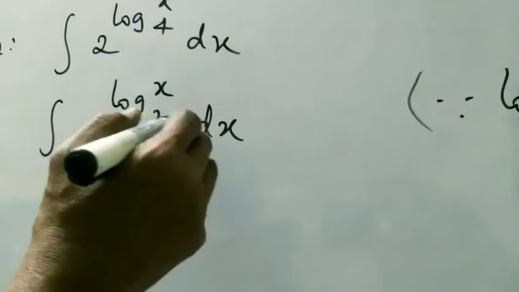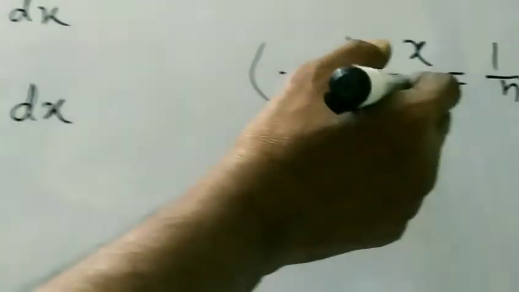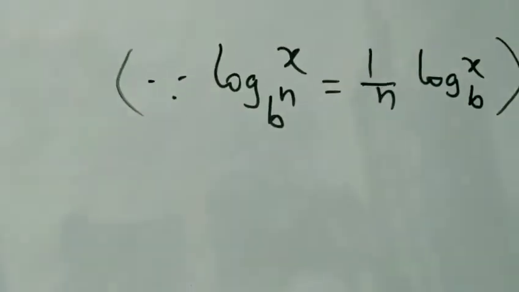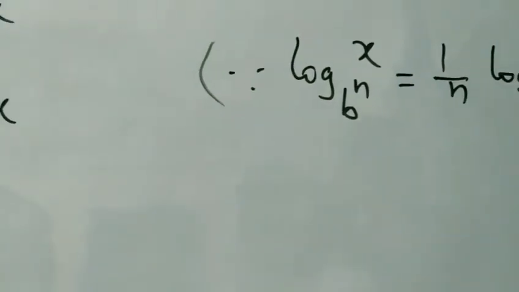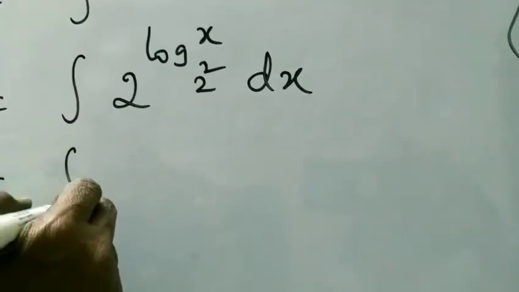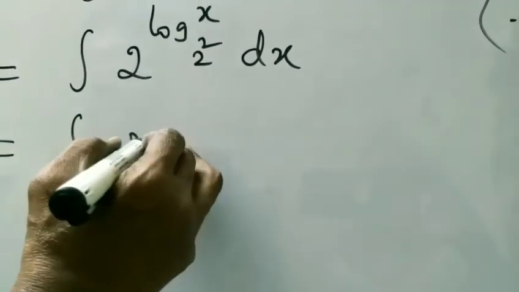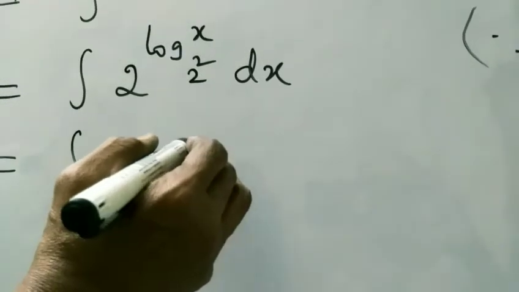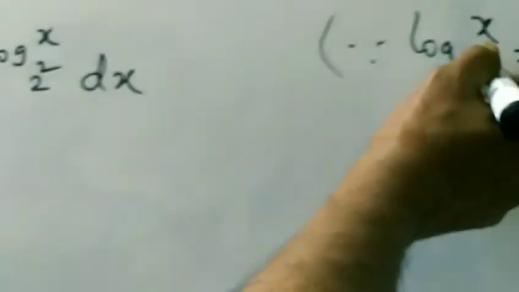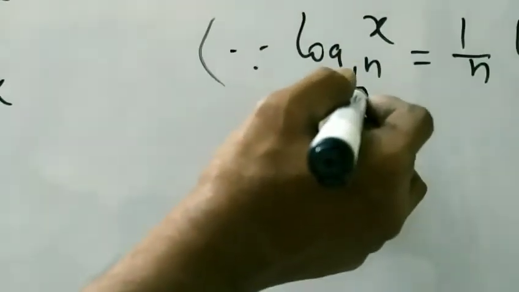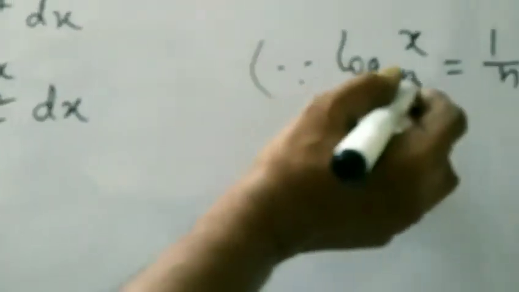So we can write the integral of 2 to the power of, here b to the power of n, in place of b 2 is there, in place of n 2 is there.